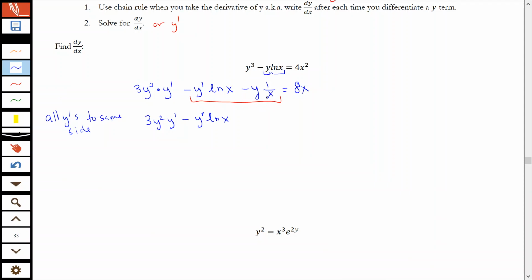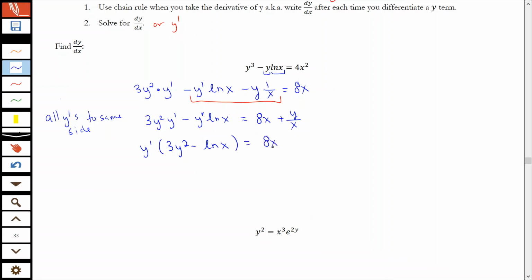There's no y prime in this negative y over x, so I'm going to take that to the other side and it will become positive y over x. And then I want to factor out my y prime. So I'm going to have y prime is equal to, or y prime, and once I factor that out, what I'm left with is 3y squared minus ln x.